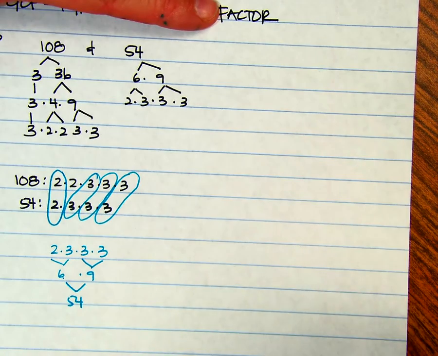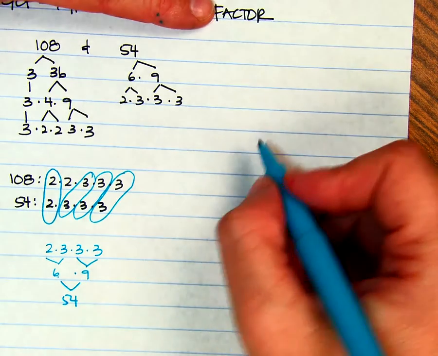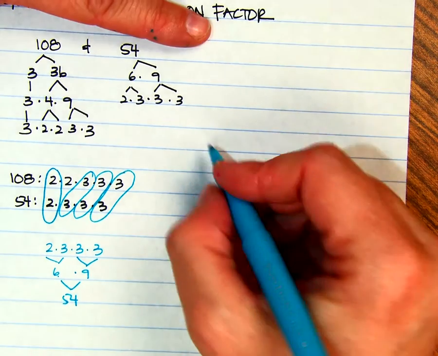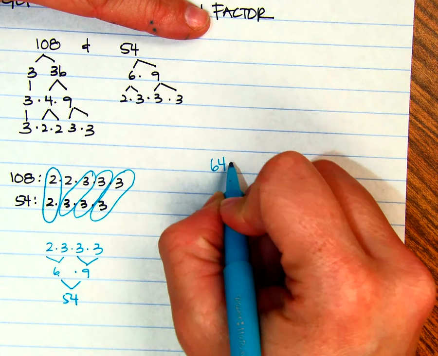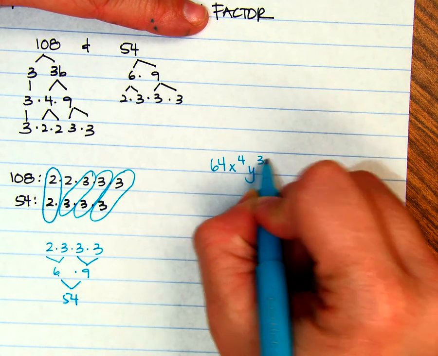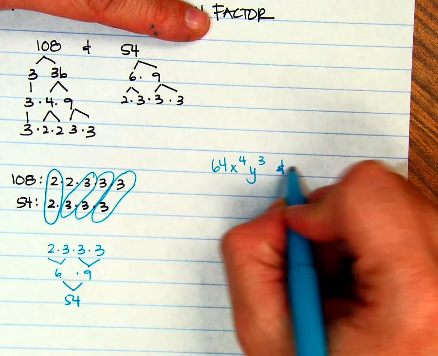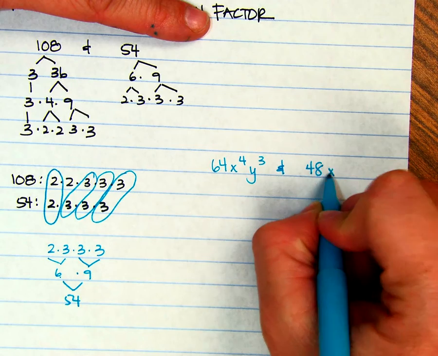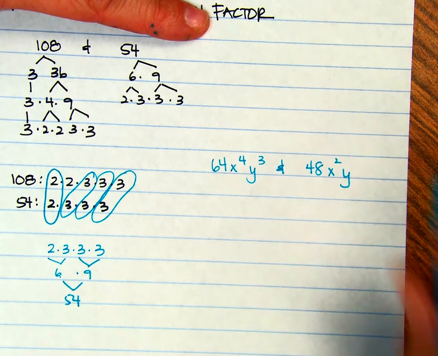If we are including variables in there, so let's pick some a little bit smaller numbers. 64, x to the 4th, y to the 3rd, and 48 x squared y.